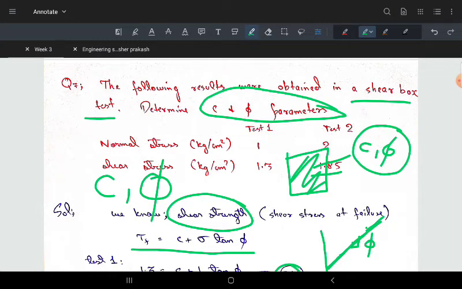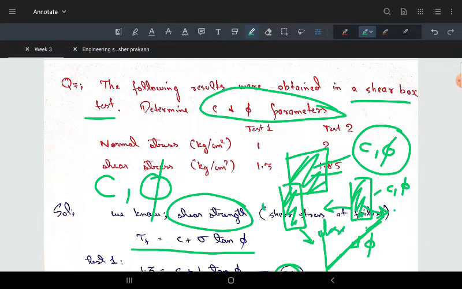Suppose you calculate C and phi with the drainage open, and then for the same sample with the drainage closed, it will have different C and phi.